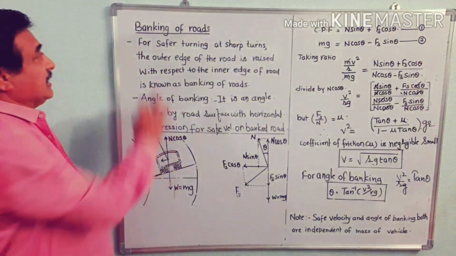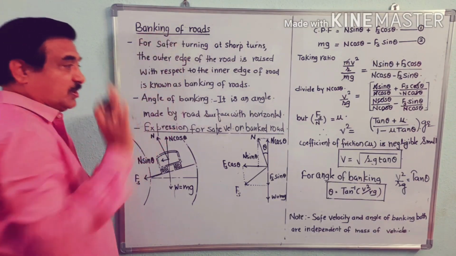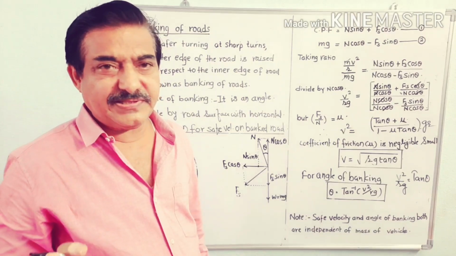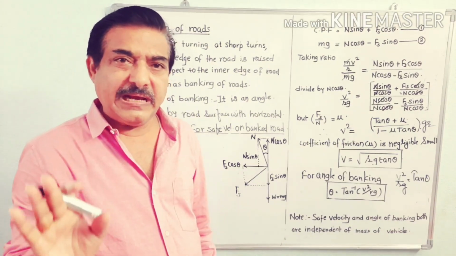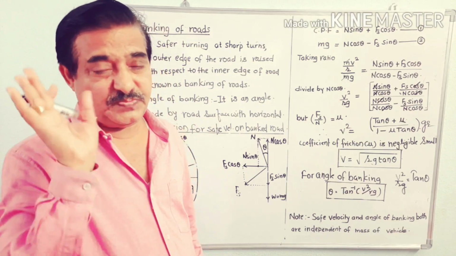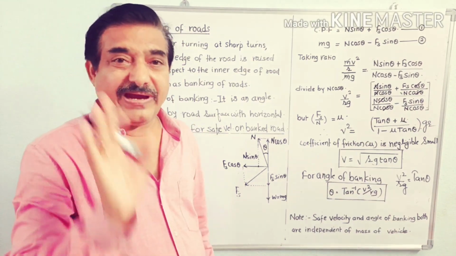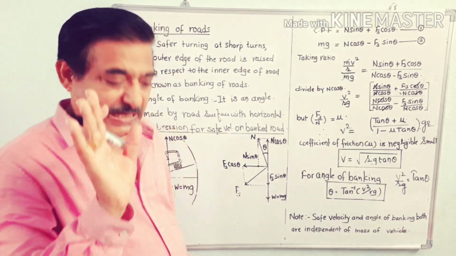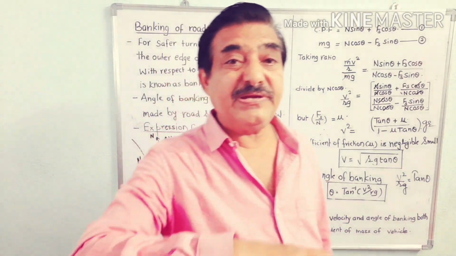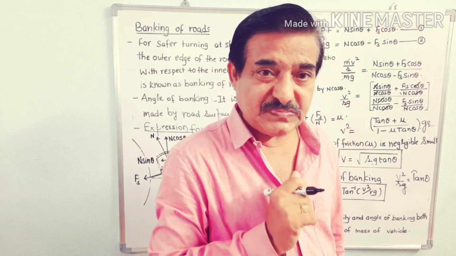In banked roads, the possibilities of accidents are minimized. It doesn't mean that accidents will not happen in case of banked roads. Only the fact is that in case of banked roads, the safe velocity limit is increased.